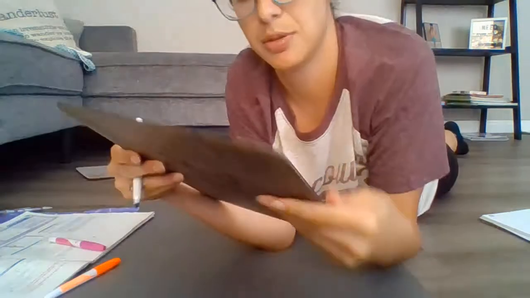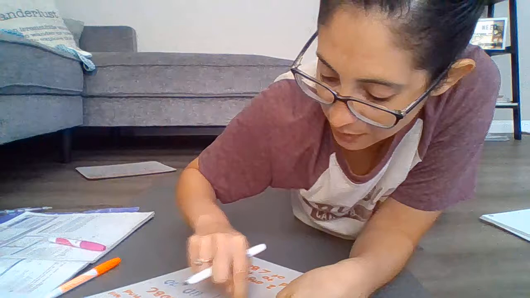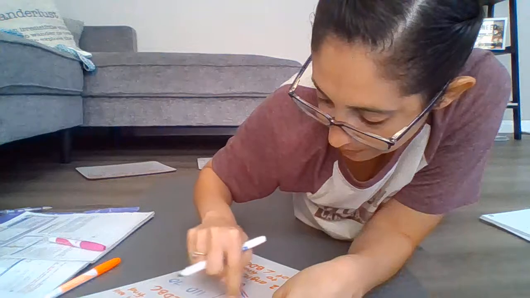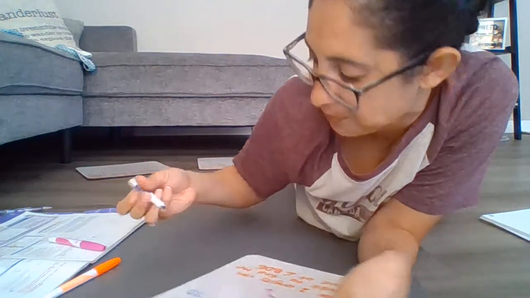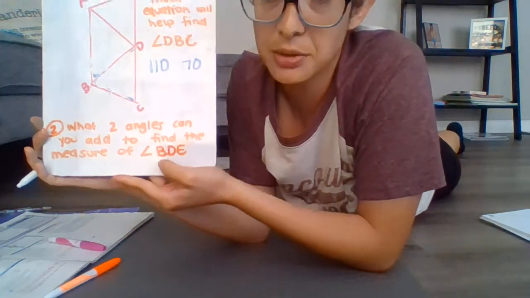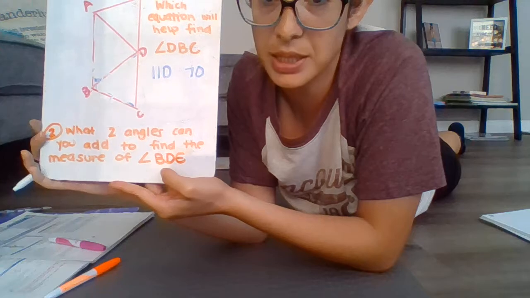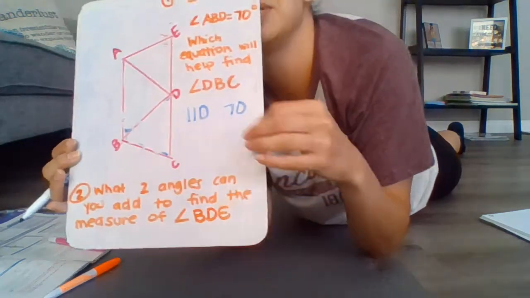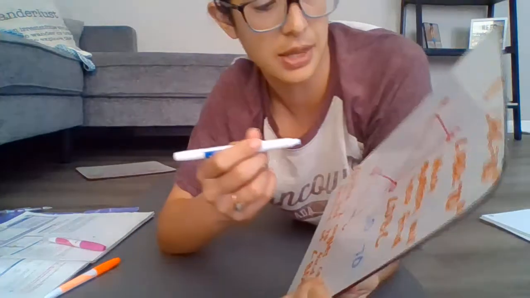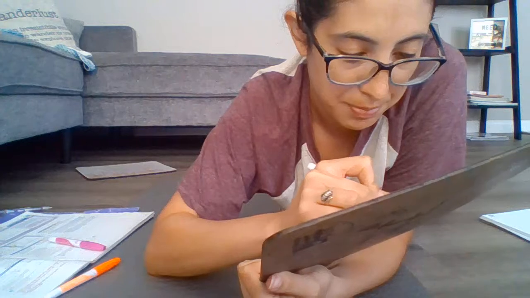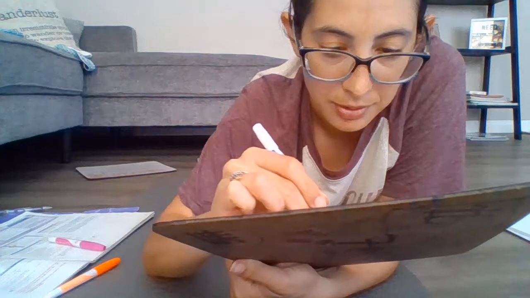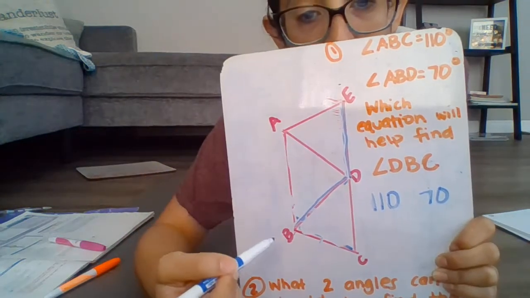Okay, so I'm going to erase this blue part so that we don't get confused. So it wants me to figure out what two angles I need to add to find angle BDE. So I'm going to find angle BDE first. So here's BDE. So I'm going to highlight that. BDE. Okay, there I did it in blue.